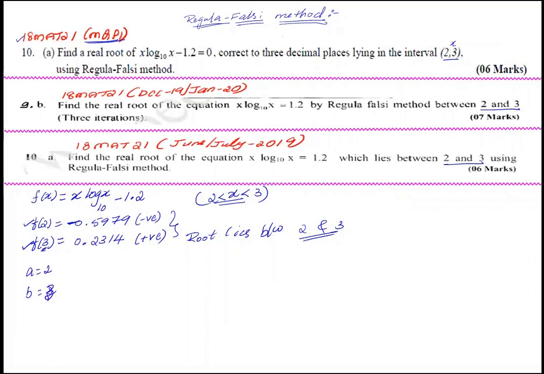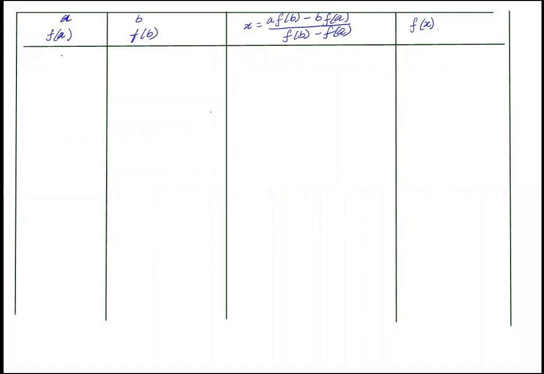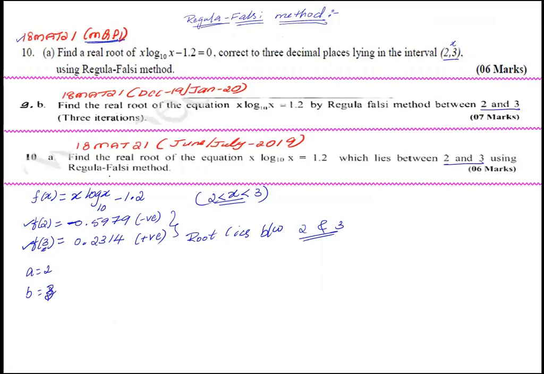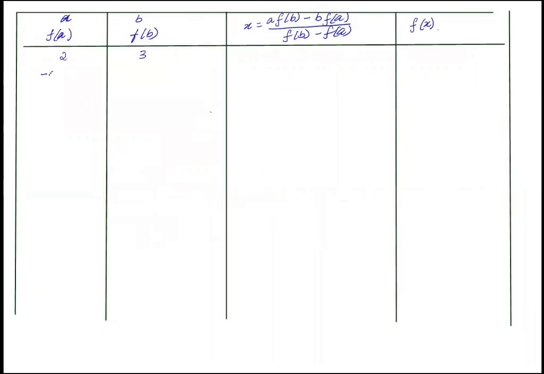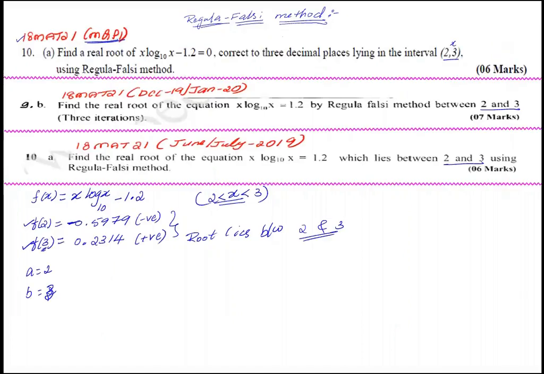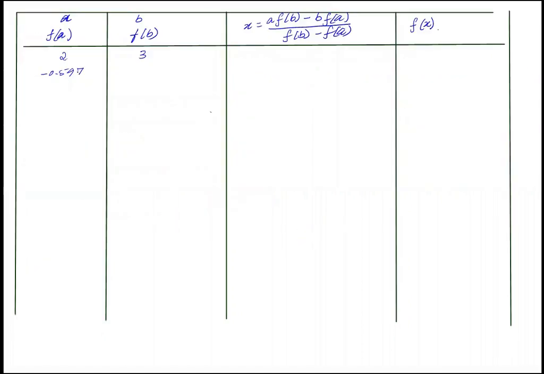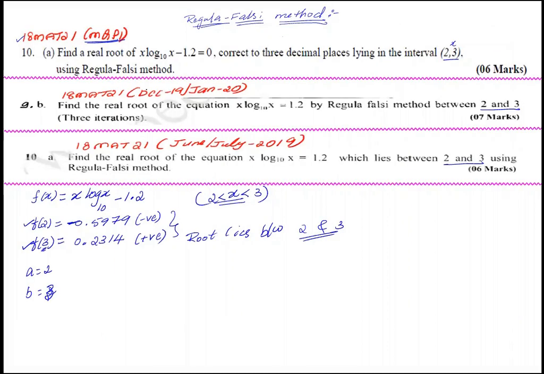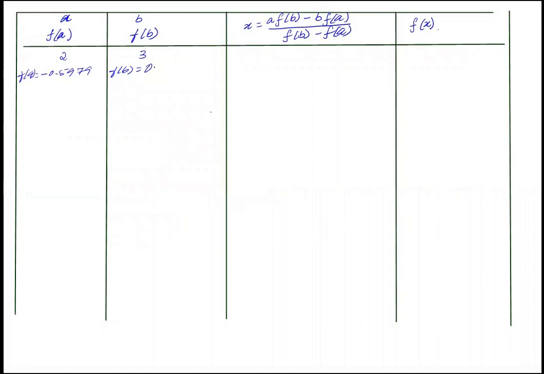So a is 2, b is 3, f of a is just what we computed, minus 0.5979, and f of b is positive 0.2314. Now calculate the x value.